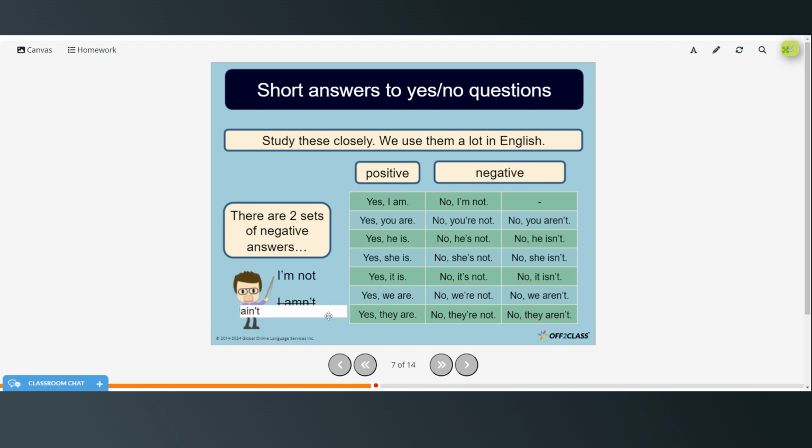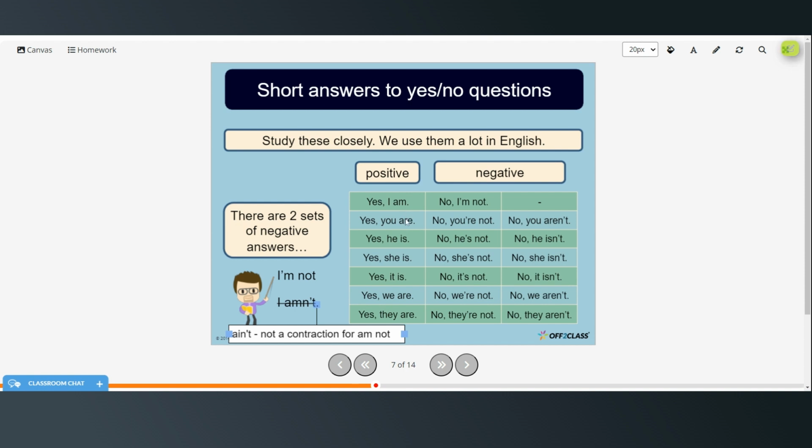It's not a contraction for am not. But you may hear even native speakers say, I ain't a doctor or I ain't a lawyer, but it's not correct. So don't use ain't.